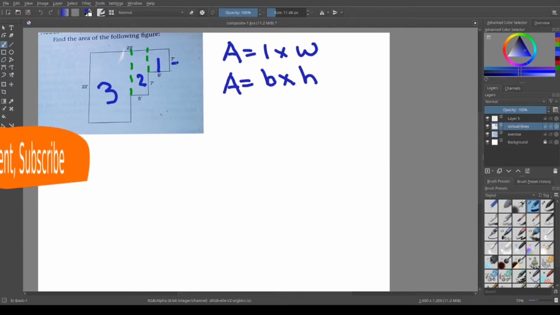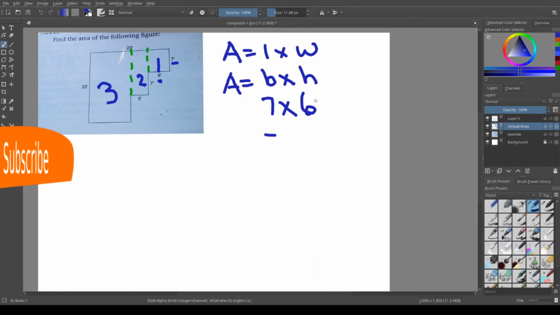I already have my numbers for rectangle 1. I have a number 7. So I can say my base or my length is equal to 7 times my width or height, which is 6, equal to 42. So this first rectangle right here, the area is simply 42.